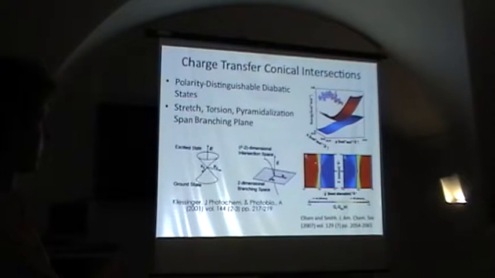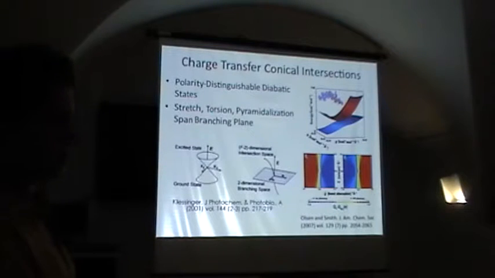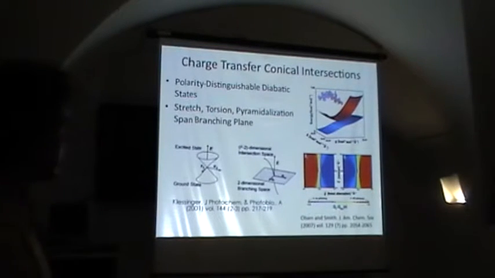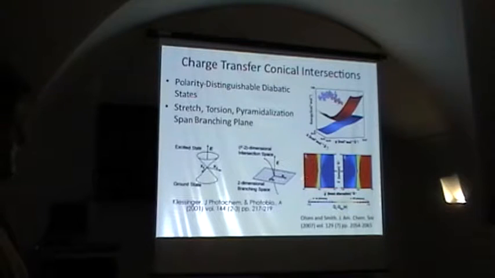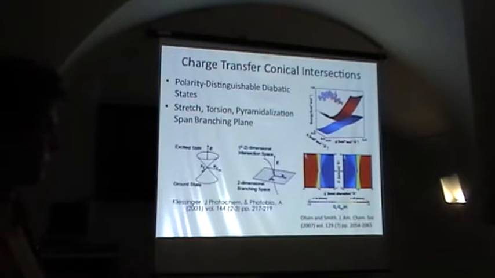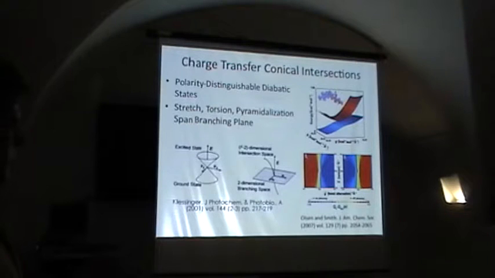If you plot the Mulliken charge, which is just one way of assigning charges to atoms in a molecule, you find that on the ground and the excited state, it changes very abruptly as you traverse the branching plane, and this is opposing the ground and the excited states, like the charge transfer states that are accessed when the molecule twists. So we have twist-dependent charge localization, and we have conical intersections which separate diabatic states with opposing charge character.